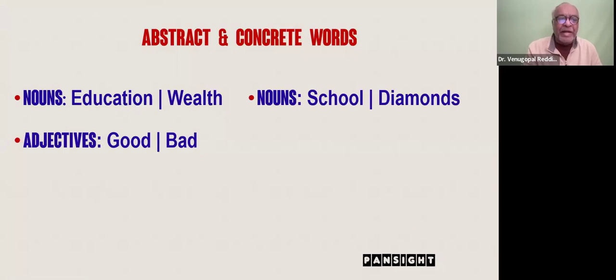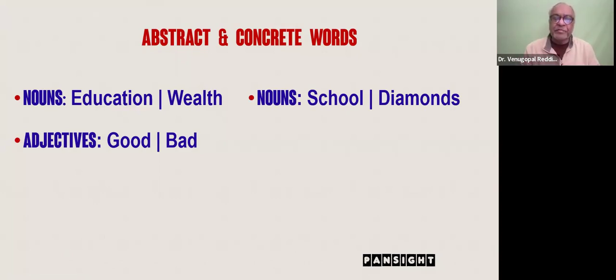School, diamonds. Instead of education, if you say he went to Oxford University, we know nobody goes there for fun. So he studied, he got his education from Oxford University. University, the building, a structure.